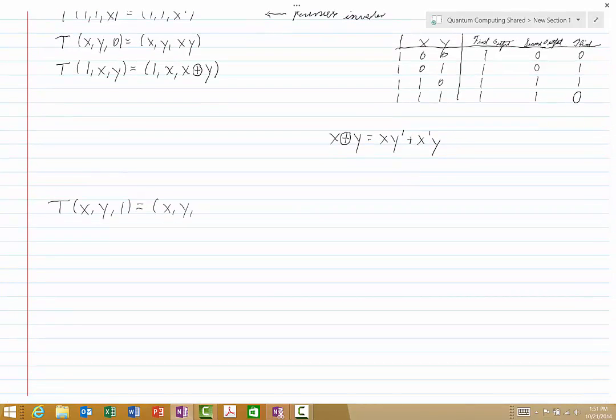Well, again, let's just take the approach of looking at the truth table. I think that's the easiest way to figure this out. So we have X, Y, and 1. Those are our inputs. And then we'll say first output, second output, and then third output.